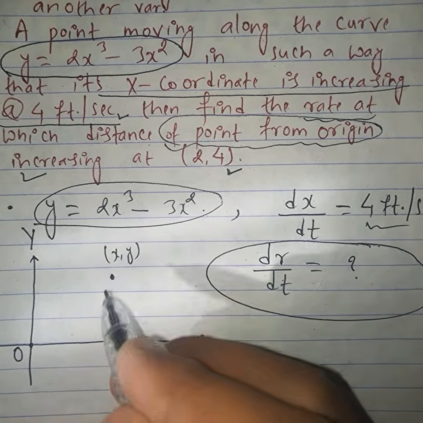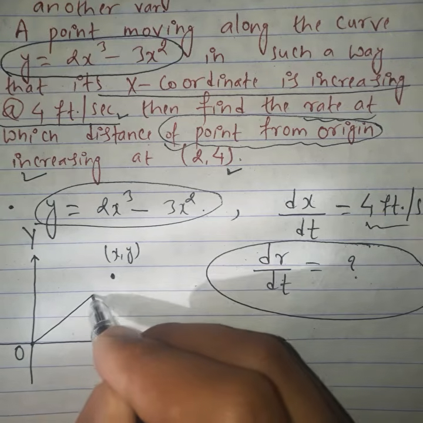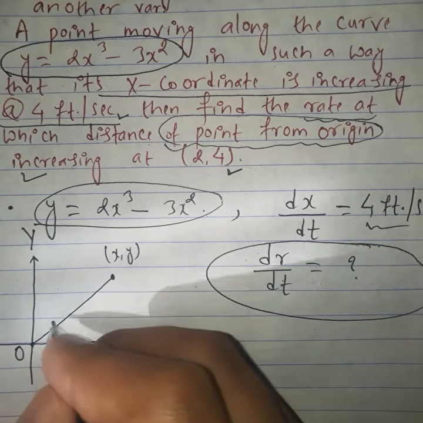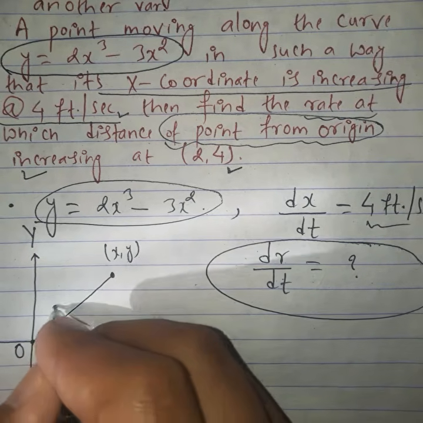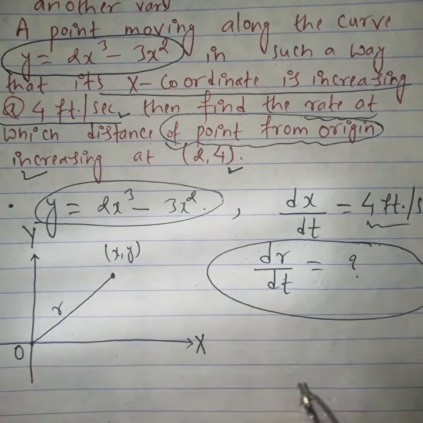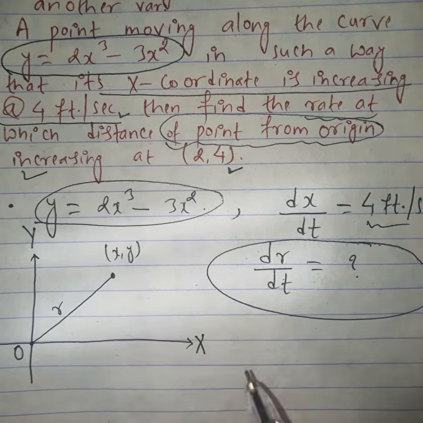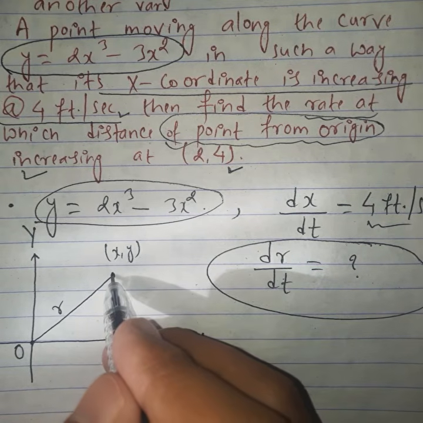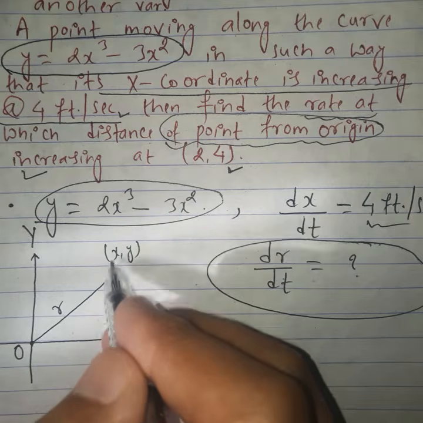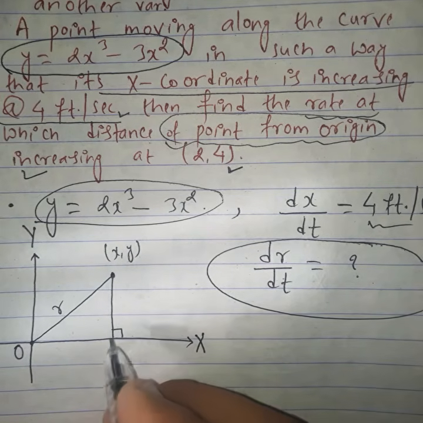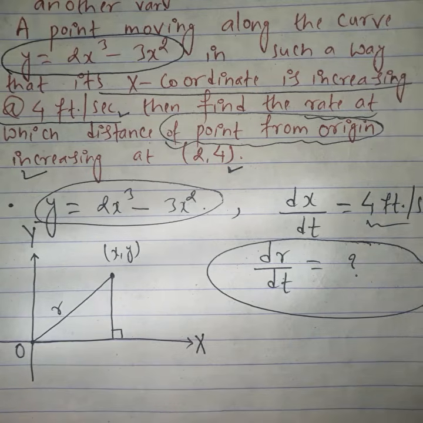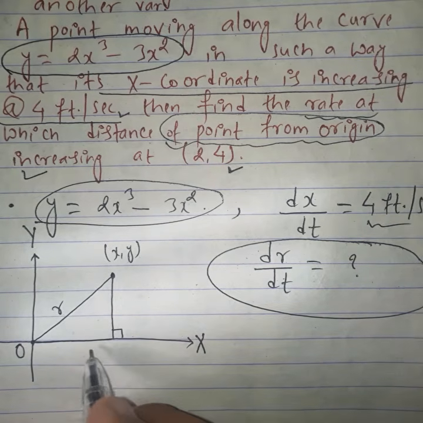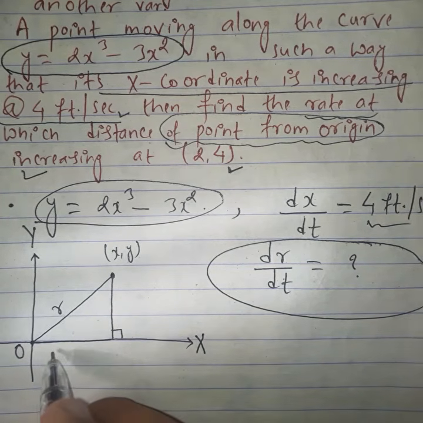Let's join this point to the origin, and let's say this distance from the point to the origin is r. Here we suppose r as the distance from the point to the origin. And we know that the vertical movement is exactly perpendicular to the horizontal movement.